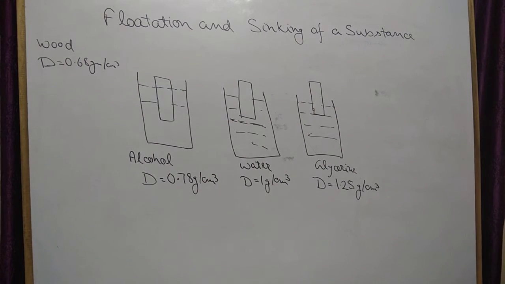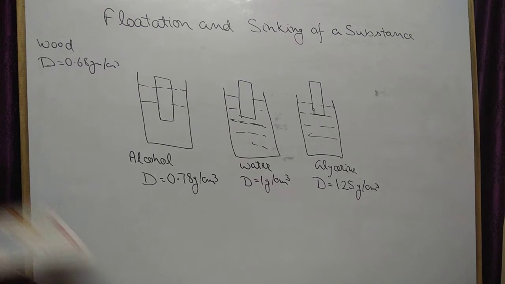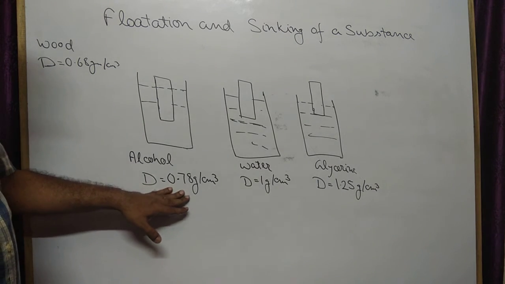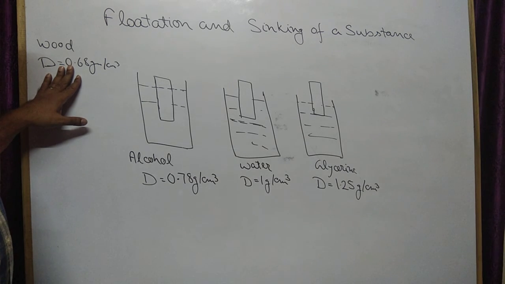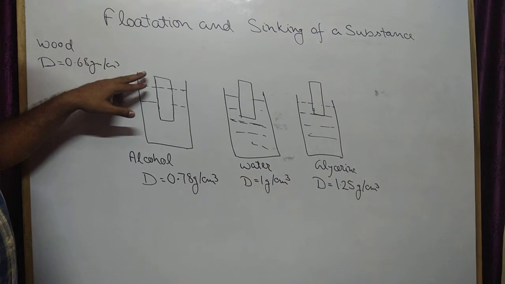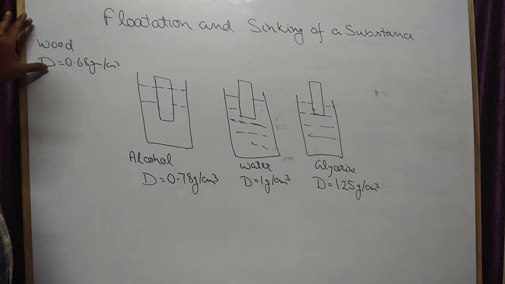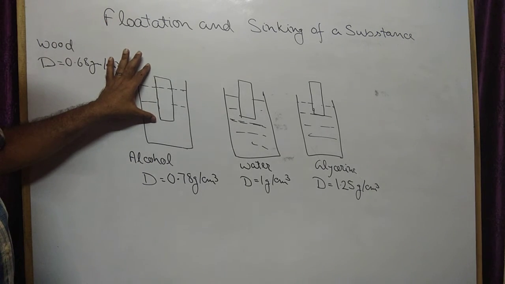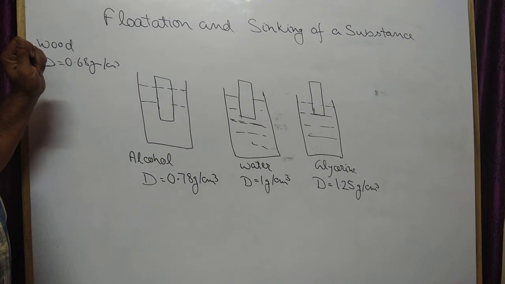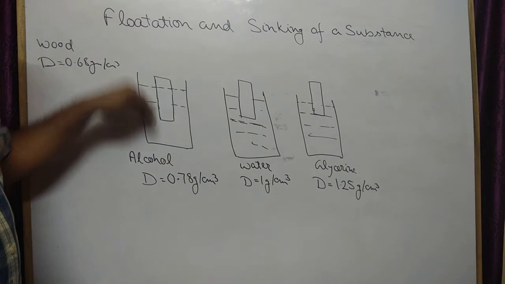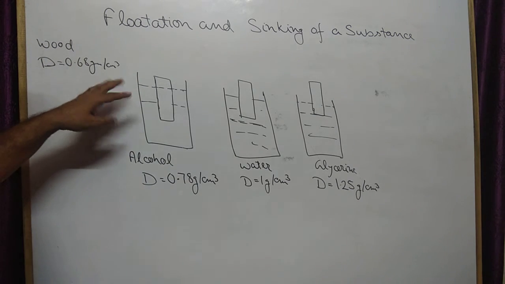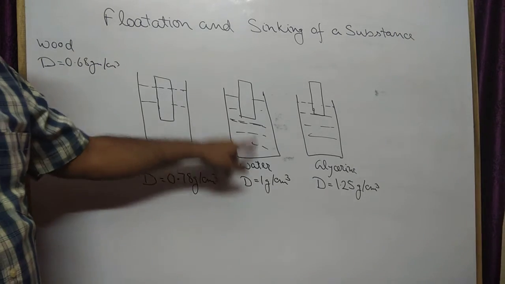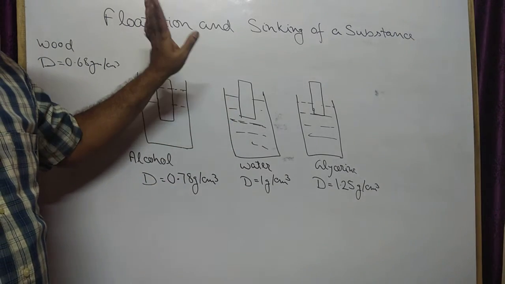So with the effect of density we can explain this: if the density of liquid and solid is equal, or the density of the solid is more, then the solid will sink, or float after sinking completely. If density is about half the density of the liquid, half will sink and half will float.